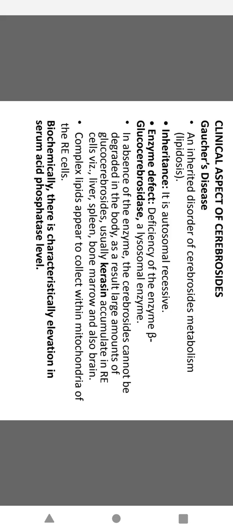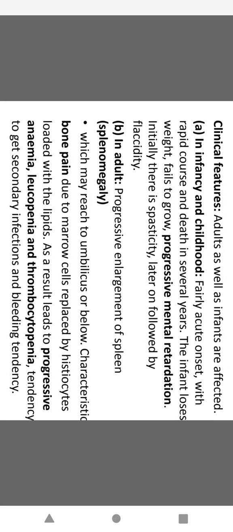So due to this enzyme defect, the disease occurs. In the absence of this enzyme, the cerebrosides cannot be degraded in the body. So the result is that glucocerebrosides, usually kerasin, accumulate in reticuloendothelial cells, in the liver, spleen, bone marrow, and also the brain. So complex lipids appear to collect within the reticuloendothelial cell. So serum acid phosphatase (ACP) level is elevated.